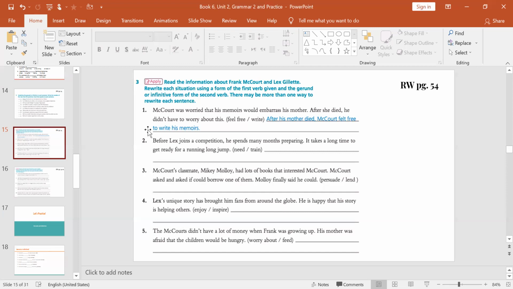Okay, so I'm going to give you like a minute or so to read through these sentences and to come up with sentences using these verbs in the parentheses. Okay, so the first one is conjugated, the second one's either gerund or infinitive, and then we'll move on. Okay, so take a couple of minutes to do that.